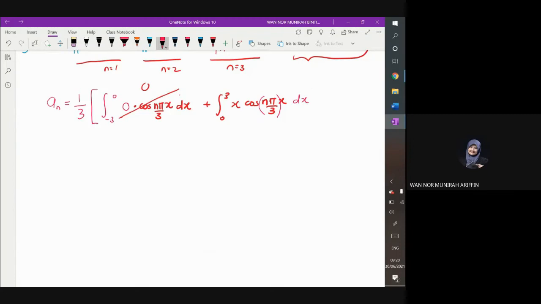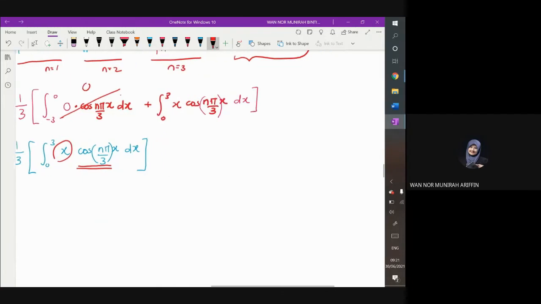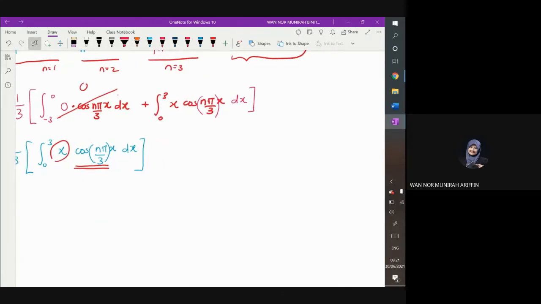So we have 1/3 integrate from 0 to 3 of x cos(n pi x over 3) dx. This is a polynomial and this is a trigonometric function, so when we integrate these two functions we apply integration by parts or the tabular method.